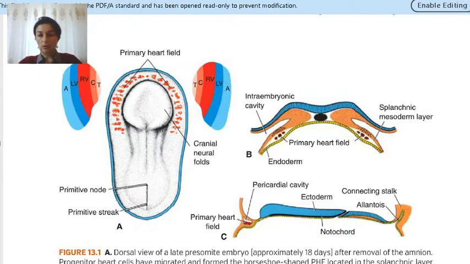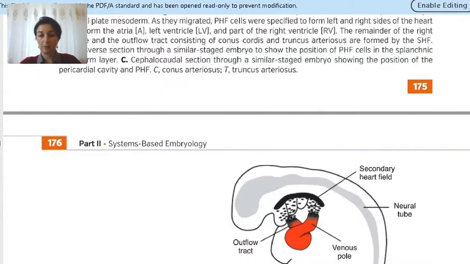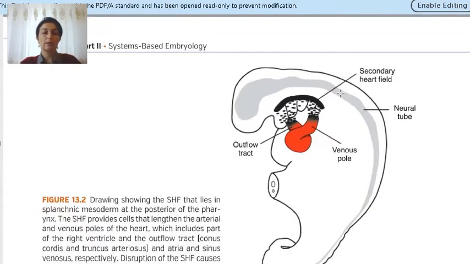Then we also have to mention that we have the secondary heart field, that originates from the neural crest cells located near the hindbrain region. They will migrate in an upward direction towards the 3rd, 4th, and 6th pharyngeal arches, and from there they migrate towards the heart tube.